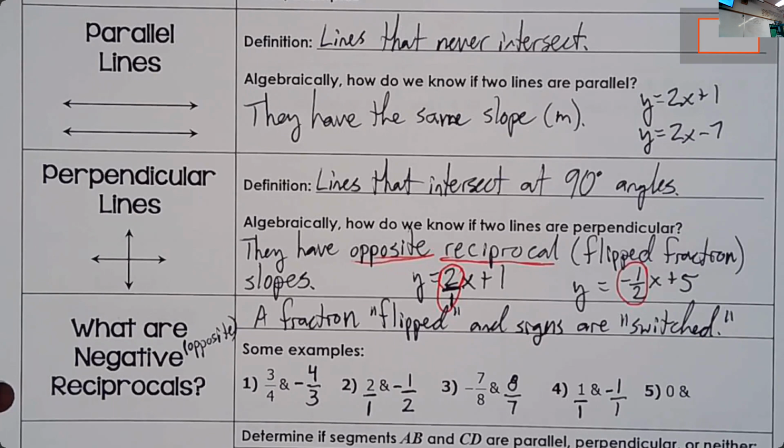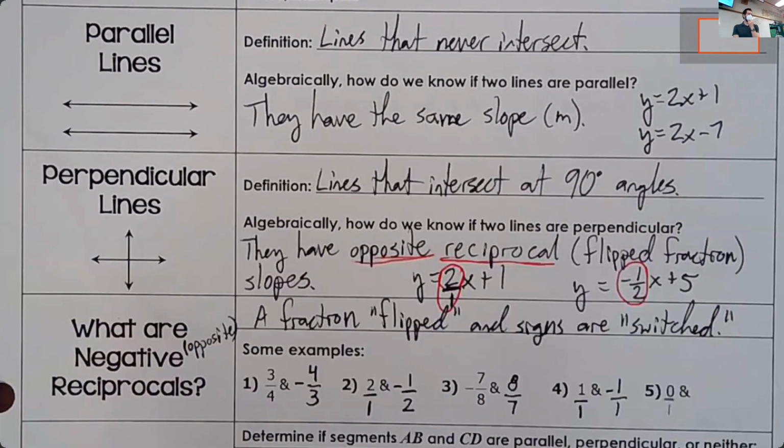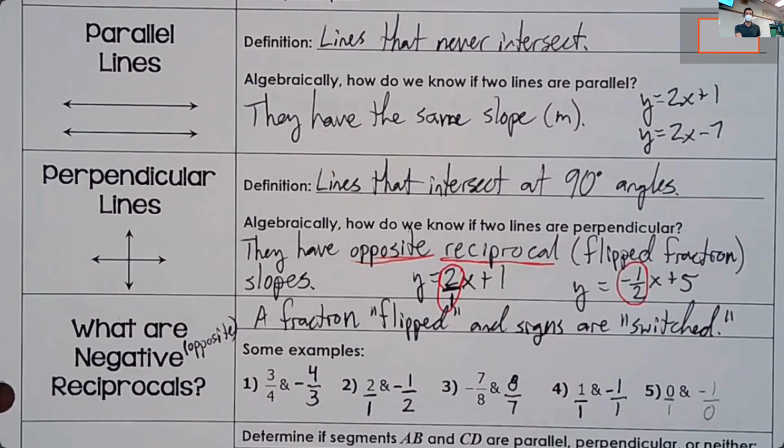So 0 would be, if we wanted to, we could make it 0/1, right? Because anything over 1 makes the whole number a fraction. So 0/1, which means technically speaking, if we were following this exact same pattern, we would write -1/0, right? That's what we should be writing. And I'm writing this in pencil because I'm not going to keep this, so you don't need to write this down.